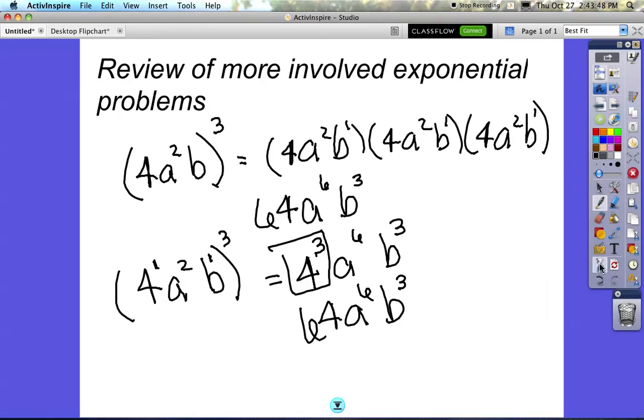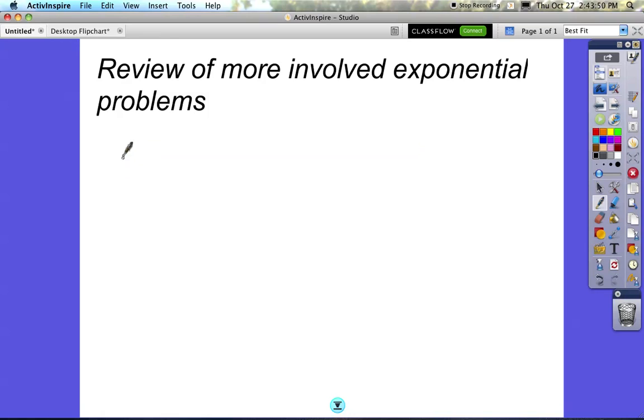Okay, so let's do one that's really great big. You may not want to work that out 5 times. Once again, put your power of 1 right there. When you raise a power to a power, you multiply.